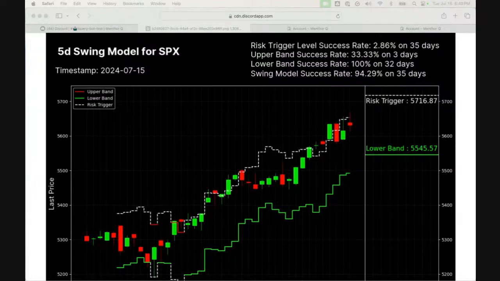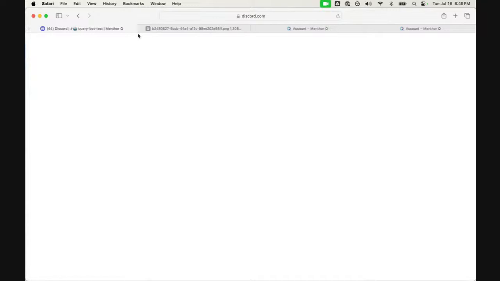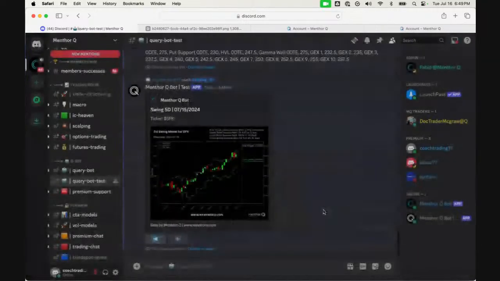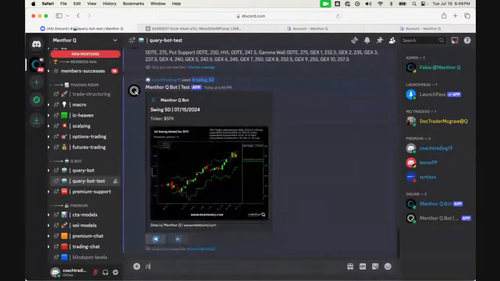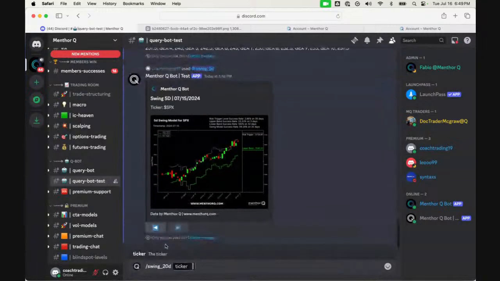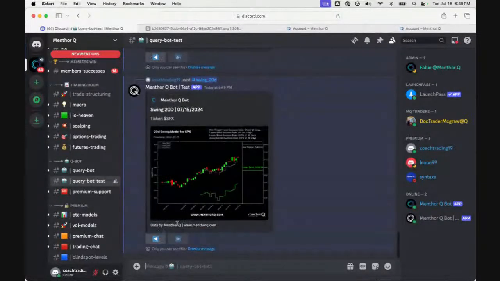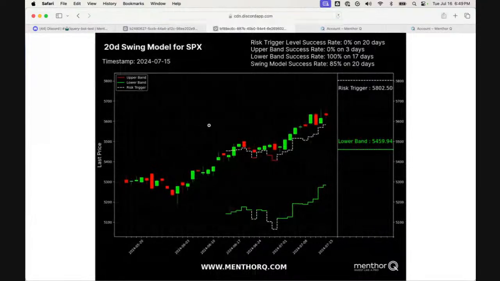Now, if we look at a 20-day model, and Fabio's going to run that one, then that gives us a better idea of where we could sell 20 days out, and we'd be selling below where that green line is.